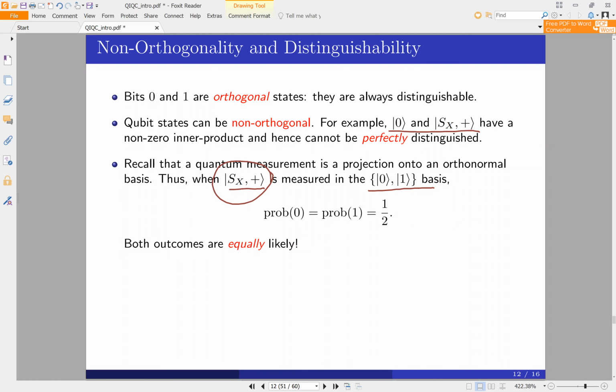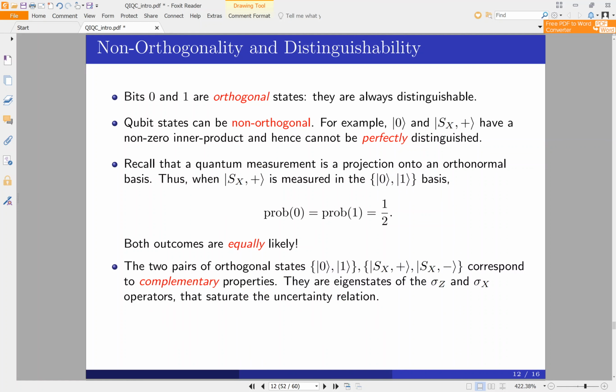So both outcomes become equally likely, or in other words, you are uncertain about the spin value of the sigma x operator when you measure in the sigma z basis, right?